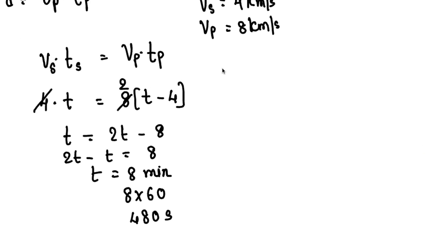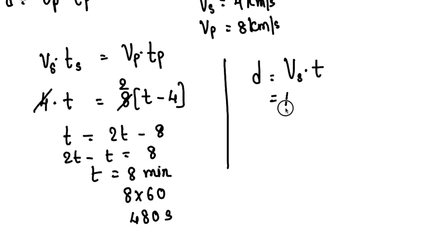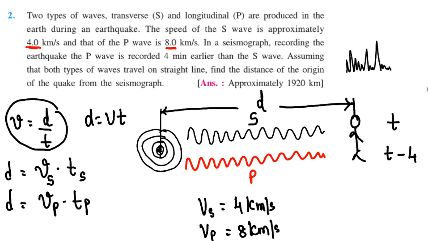So my d is equal to vs into t, that is 4 km per second multiplied by 480 seconds. By multiplying this, you get the answer 1920 kilometers. So my earthquake epicenter is 1920 kilometers away from me.